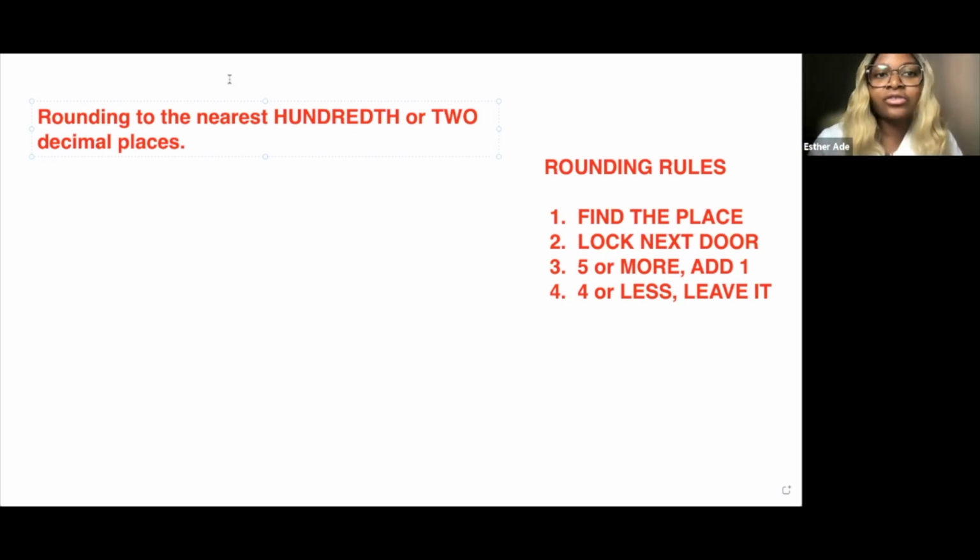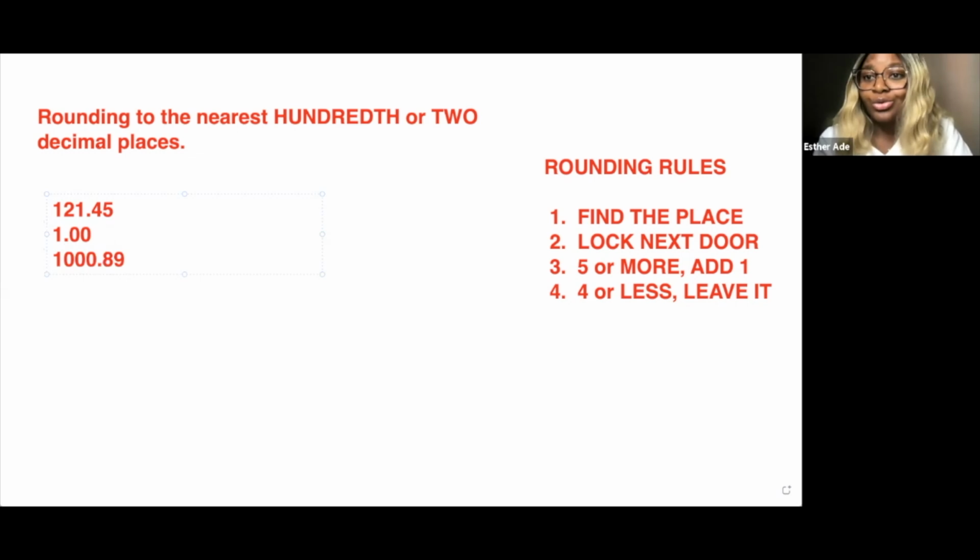So what does the hundredth place look like? The hundredth place looks like this. So this is 121.45. Two numbers after your decimal. It could be 100, 2 numbers, 1000.89, 2 numbers, 2.45, 8.32.